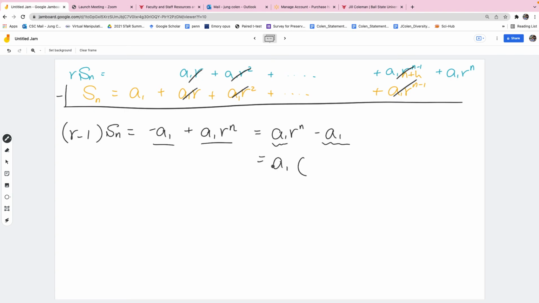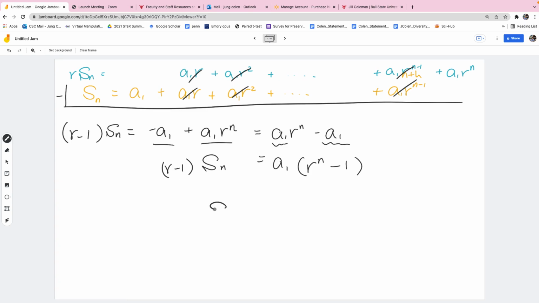And what do I have? A sub 1 times r to the n makes this, and to get negative a sub 1, I can multiply minus 1 by a sub 1. So I can factor a sub 1 and multiply that by r to the nth power minus 1. That is the left hand side, r minus 1 times S of n.